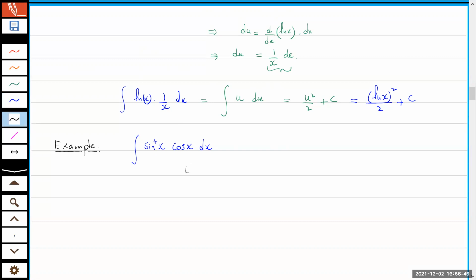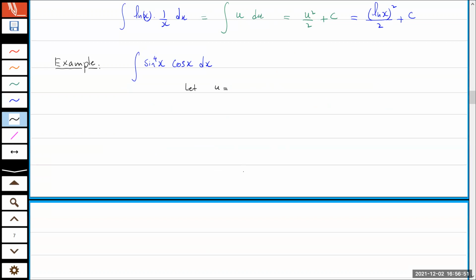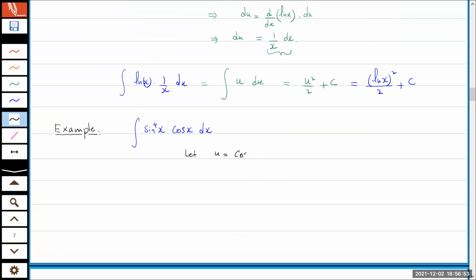Let u equal cos x. Its derivative is negative sine x, and I do have a sine x in my integral. So du becomes negative sine x dx, or I can write negative 1 times du equals sine x dx. Great.